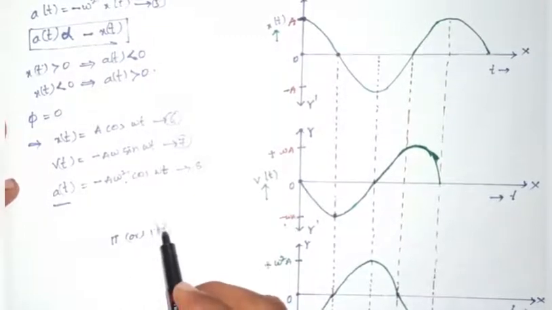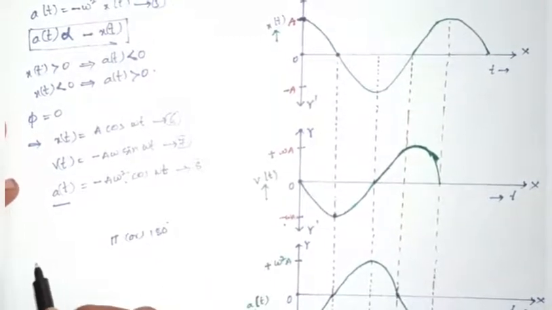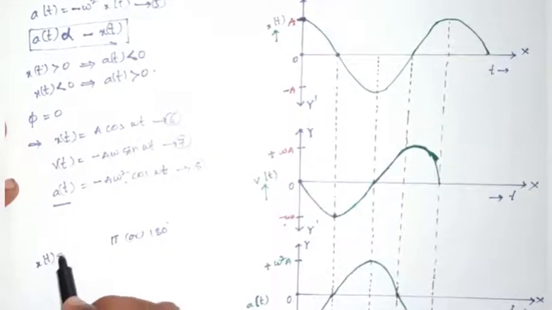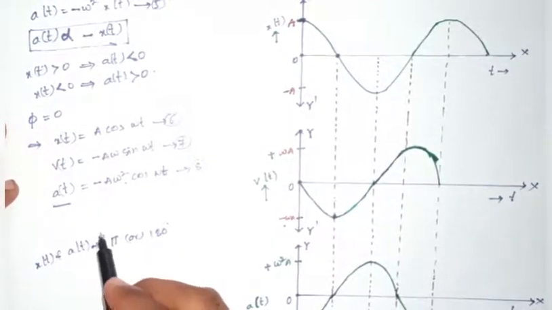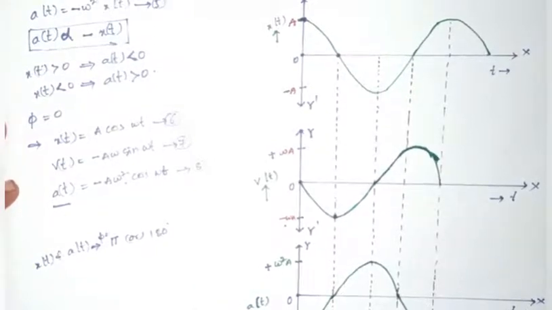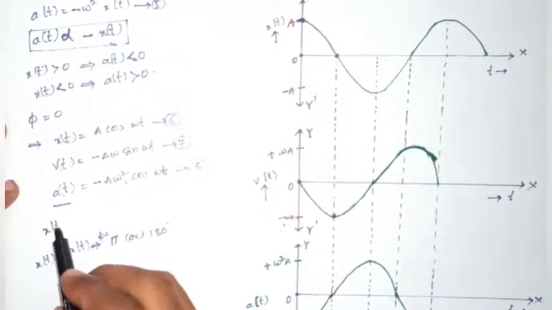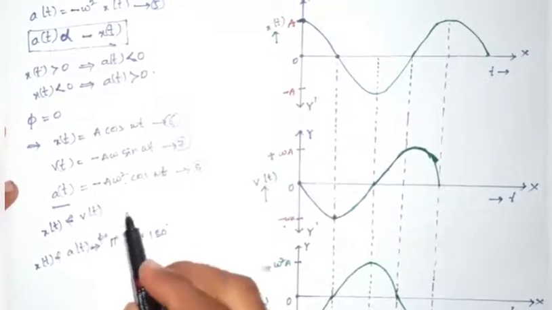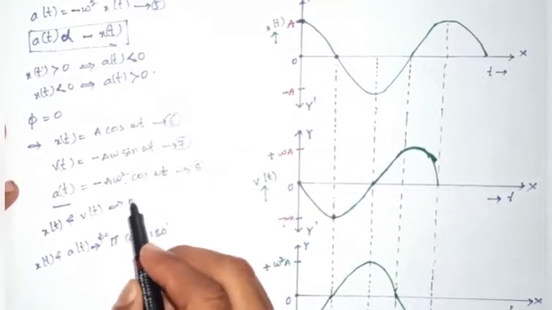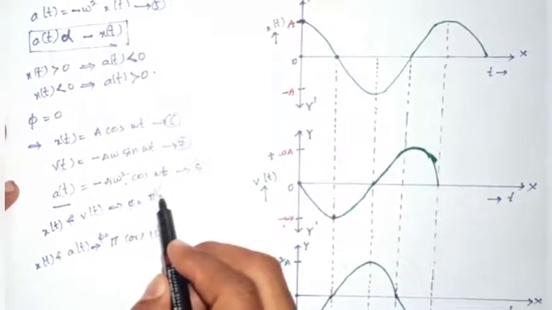So between displacement and acceleration the phase angle is pi, or 180 degrees, and between displacement and velocity of the particle the phase angle is pi by 2.